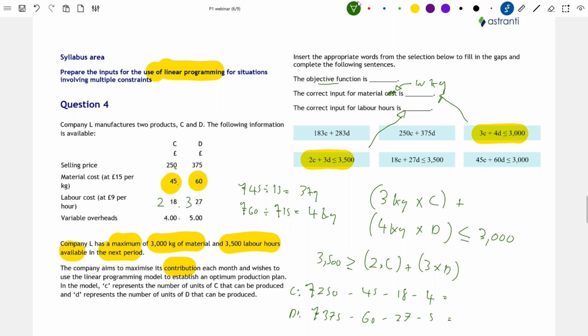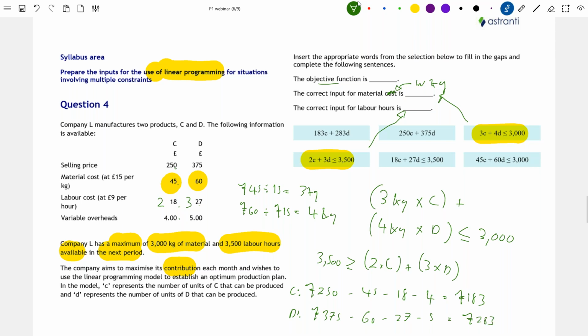So in order to do this for C, I'll just do that calculation now. 250 minus 45 minus 18 minus 4 is equal to £183. And then repeating for D, 375 minus 60 minus 27 minus 5 is equal to 283.